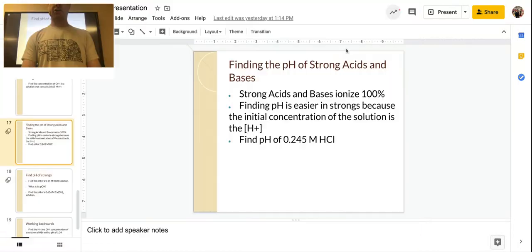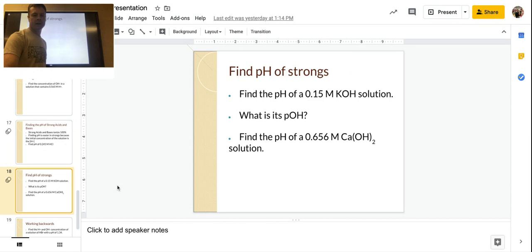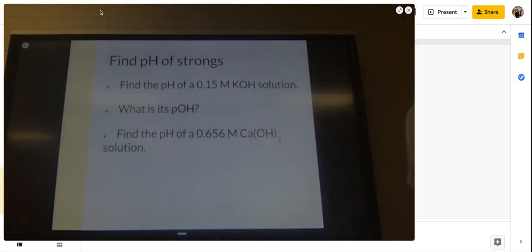We can find the pH of strongs and weaks. Here's a couple of examples that we will do real quick. Putting this all together, what is the pH of 0.15 molar KOH?